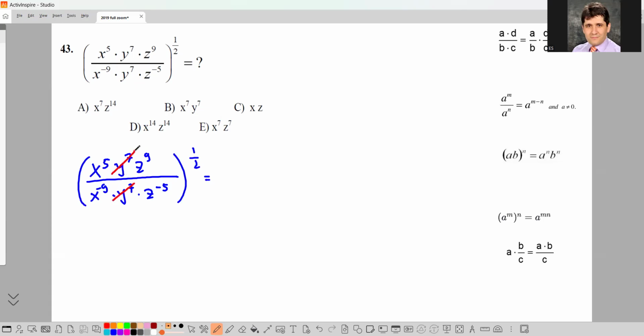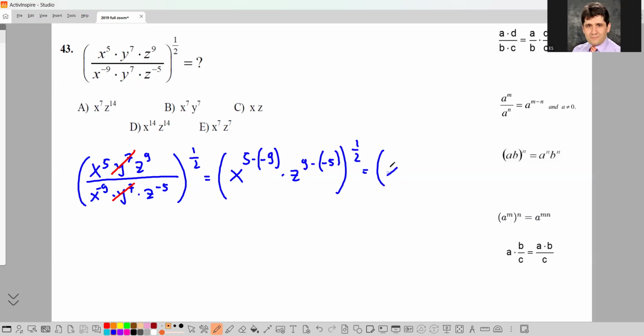Clearly, this y to the power 7 cancels. So the way we divide numbers with the same base is we copy the base and we subtract the exponents. 5 minus -9. We shouldn't just write 5 minus 9 because that would be adding the fractions. So here we need to subtract them. So 5 minus -9 times z to the power 9 minus -5. And all this to the power 1 over 2.